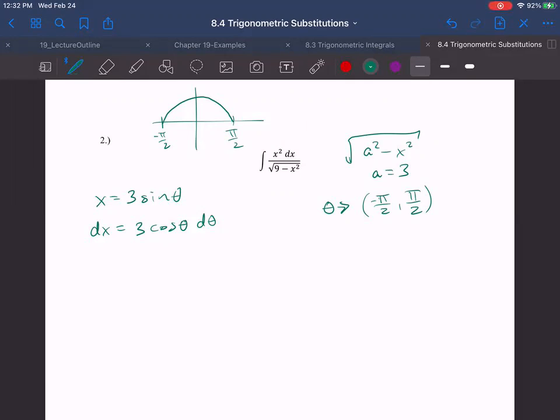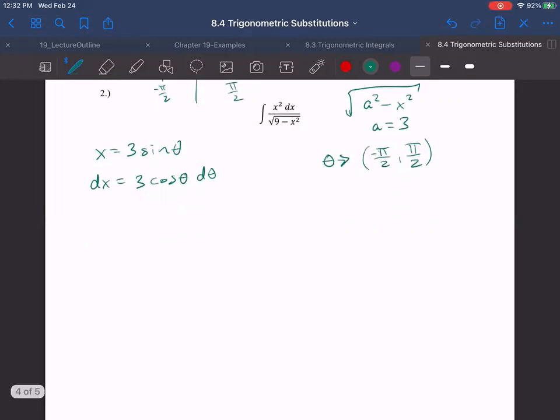Now I'm going to do the substitution in a slightly different order for you, okay? Well, maybe I won't. That'll be a lot more writing. So we need to figure out what this 9 minus x squared is here, right? The square root of 9 minus x squared is square root of 9 minus 3 sine theta, whole thing squared, right? So 9 sine squared theta.